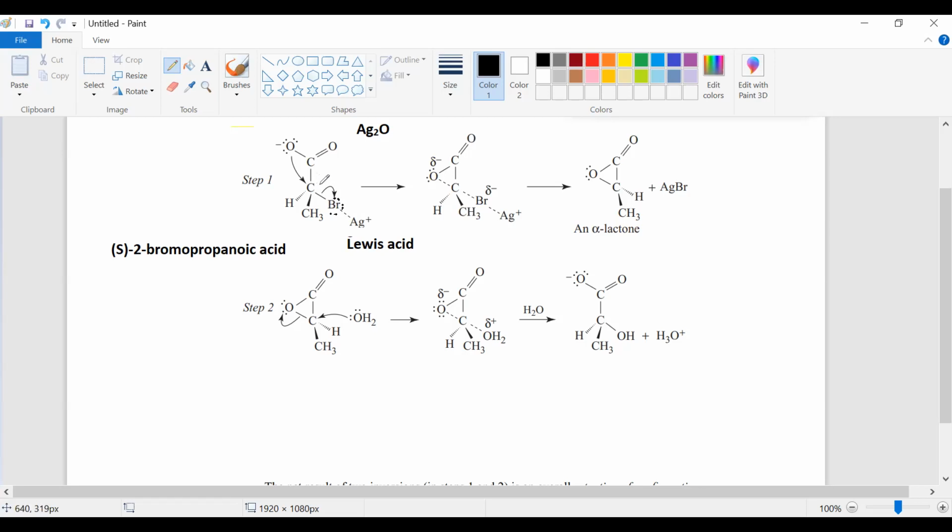And to eliminate the partial positive charge from carbon, what happens is the oxygen, which is adjacent here, will form a bond here. Okay, this is partially negative. Let's put a partial negative so you can see.